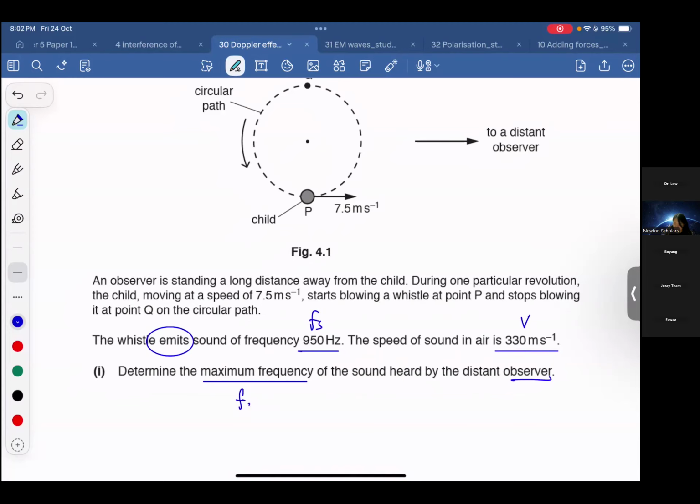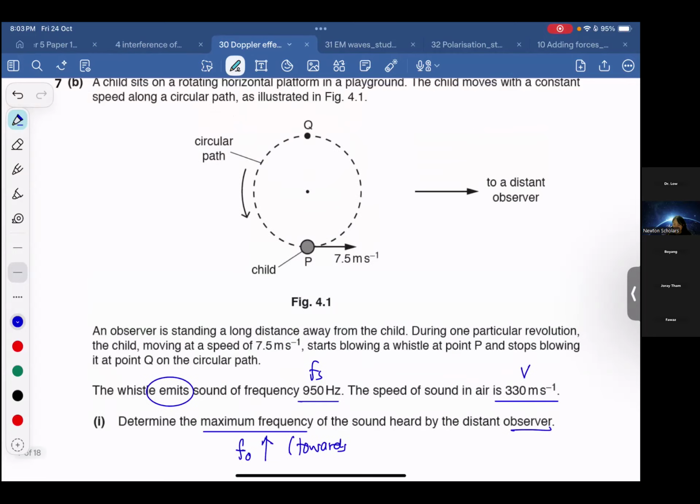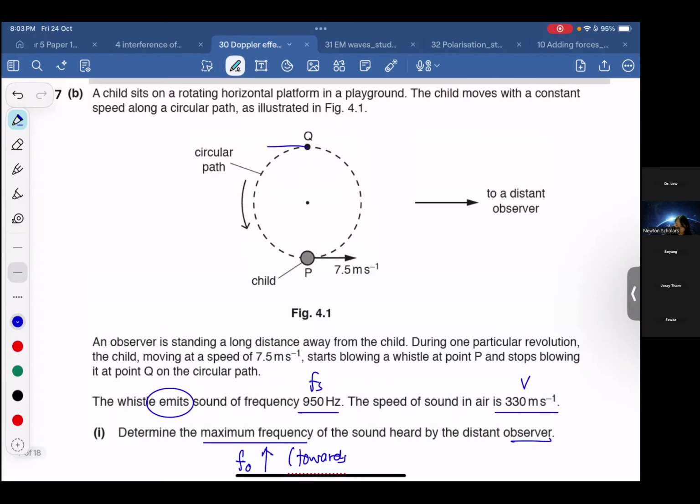So this is fo. Maximum. If maximum fo, meaning is it away or towards? Ask yourself, frequency is higher, that means wavelength is shorter, that means towards. So this one must be towards. So this is towards, here is away. It's rotating in this way.